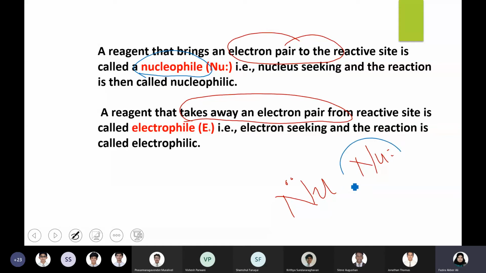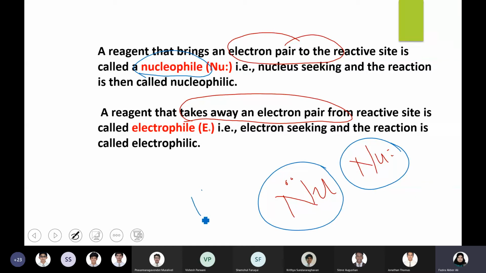This is very important in classifying the reagents as nucleophile and electrophile. Nucleophile means they are looking for a positive charge. So they themselves are electron rich compounds, which means it can be either a negative species like Cl minus, CN minus, OH minus, where you have a negative charge already, or it could be a neutral substance where there is a lone pair of electrons.